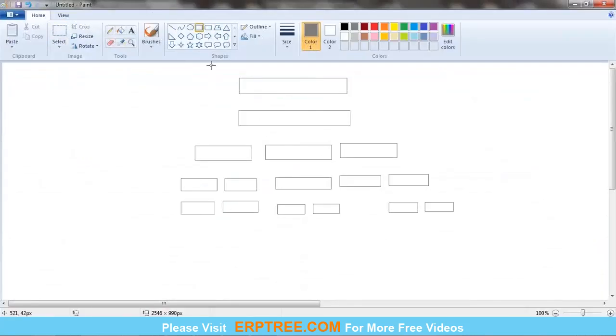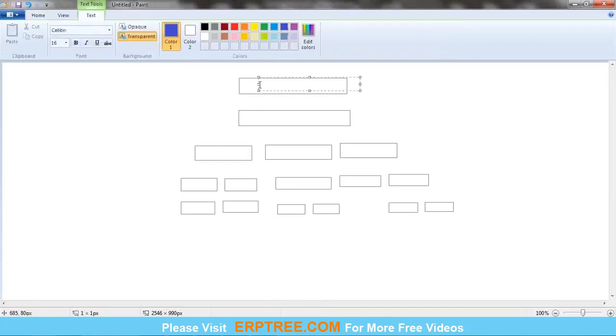So the business group. Here you can write the names. I'll say this is going to be, say, ARP3 India business group. Okay, ARP3 India business group.